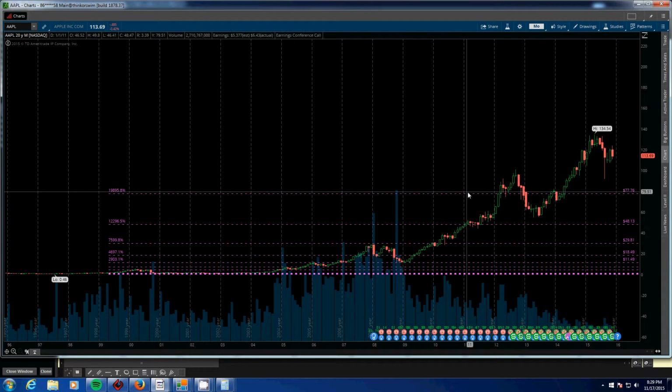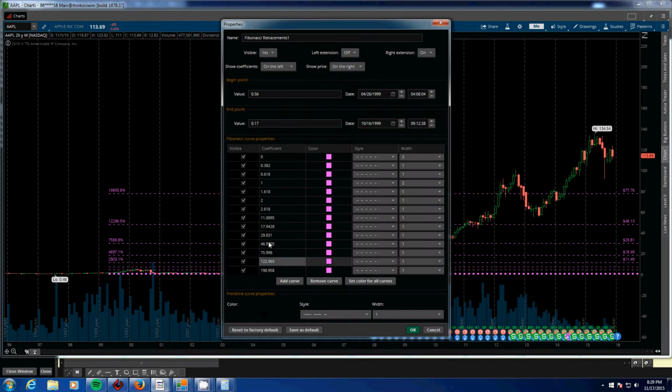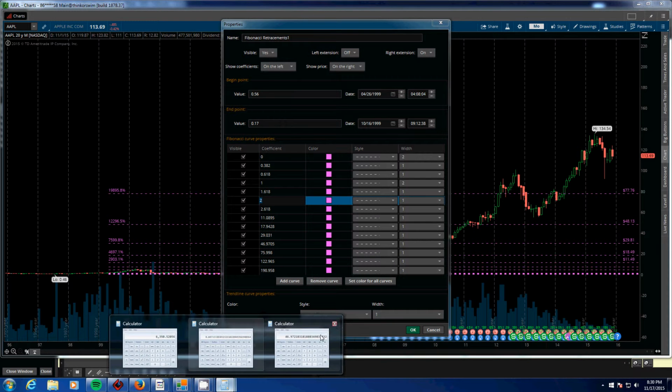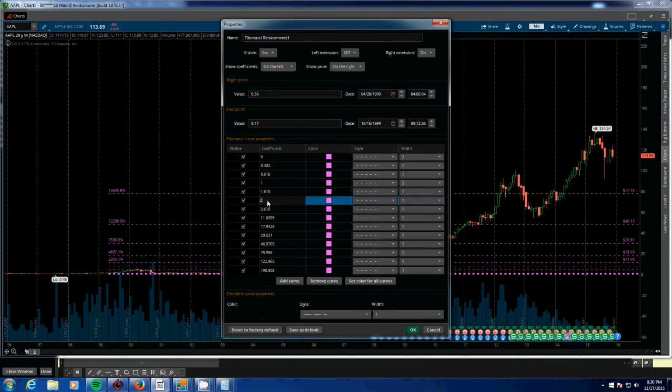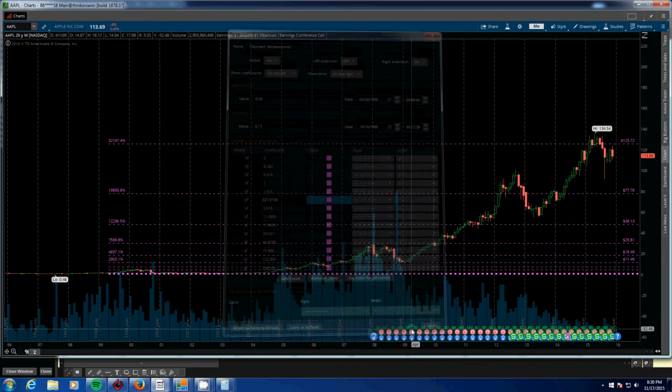It's really not going to show much right now. If we want to add the next Fibonacci level in the sequence, we can take the last one we know, which is 198.95786, and multiply it by 1.618, and we get our next golden Fibonacci level here at 32,191.38.